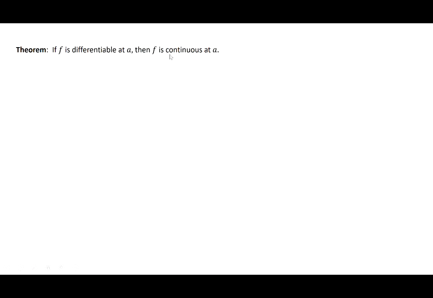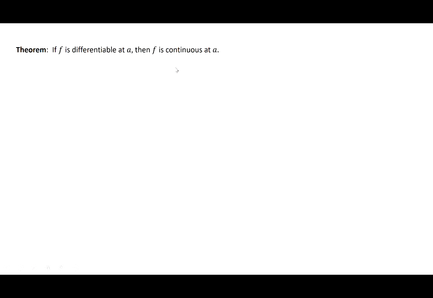So what's the converse of this? If P then Q. The converse is if Q then P. So what should the converse of this be? P is F is differentiable at A. What is that? Pay attention. P is F is differentiable at A. Q is F is continuous at A. Okay.